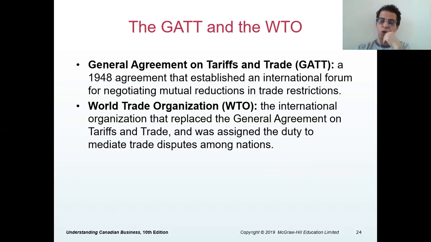Then we had what you call the WTO, the World Trade Organization, which is an international organization, all under the United Nations, by the way, that replaced the GATT and was assigned the duty to mediate trade disputes among nations. So if you have a trade dispute between two countries, they can come in and solve or mediate it between them.